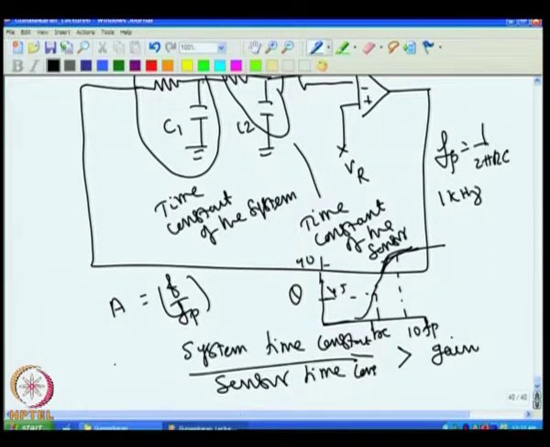For example, if the system time constant is 100 seconds and the sensor time constant is 1 second, then the gain should be less than 100, and the system will not oscillate.